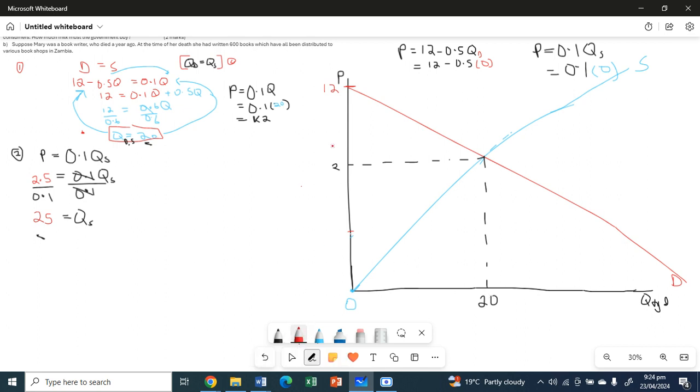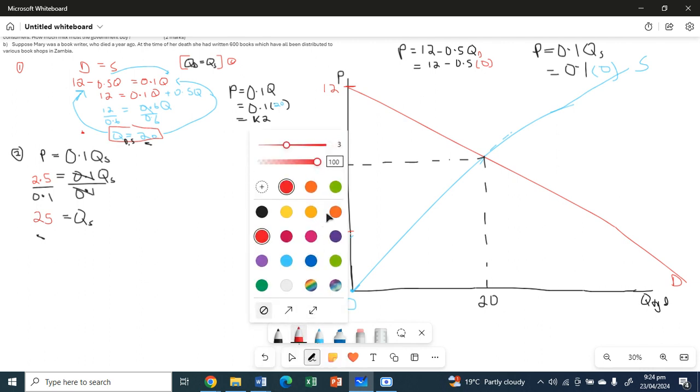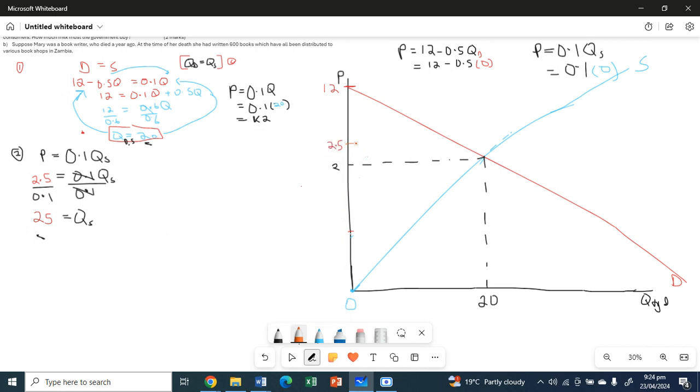The government has put a price floor of 2.5 kwacha, so with a straight line you draw this price floor of 2.5 kwacha.